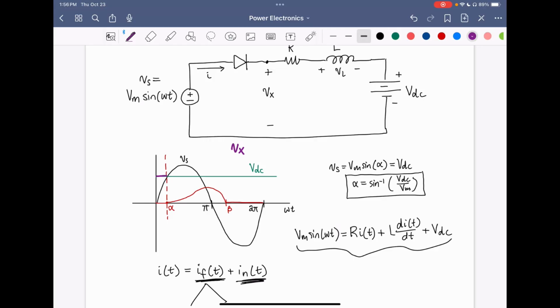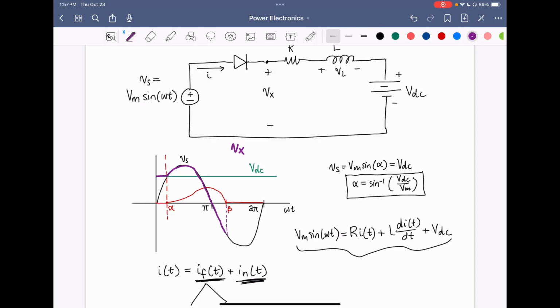Now, after alpha, the diode is conducting. During this point, the diode is modeled as a short circuit, so the node Vx is shorted to Vs. From alpha to beta, during this interval that the diode is a short circuit, Vx is just going to follow Vs. And at this point at beta, we know the diode turns off.